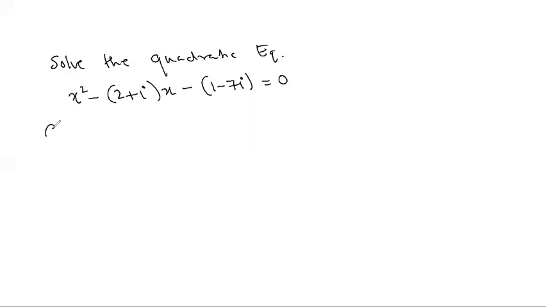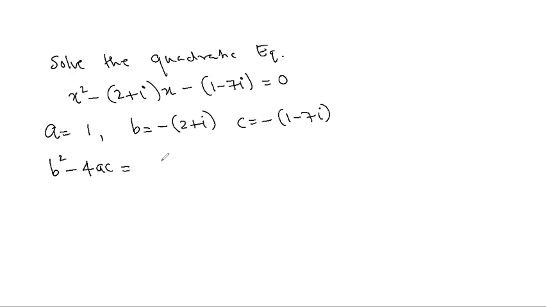Okay, what is A in this problem? 1. What is B? Minus (2 plus i). And C is minus 1 minus 7i. Calculate b square minus 4ac: (minus 2 plus i) square minus 4 into 1 into (minus 1 minus 7i).